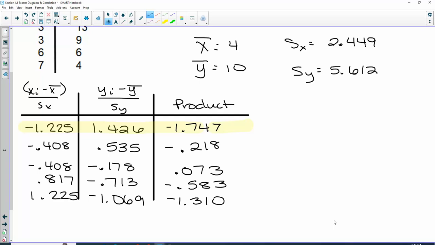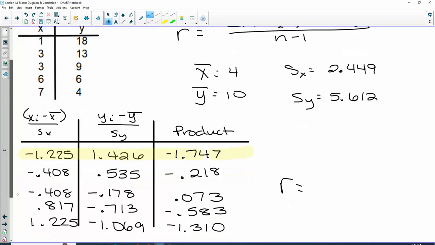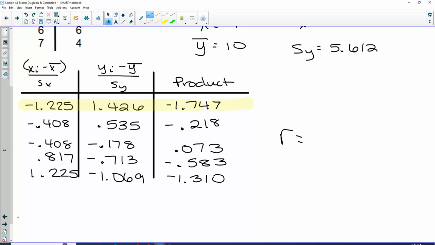So now to get the r. The formula says, what does that symbol mean? Add up those products. So I'm going to add my final column together.